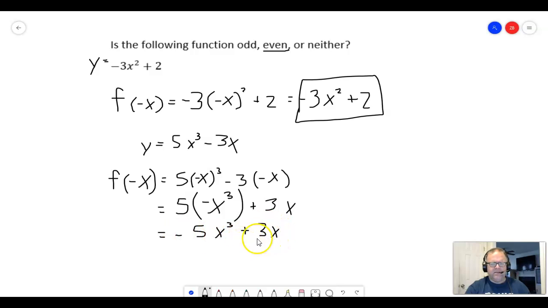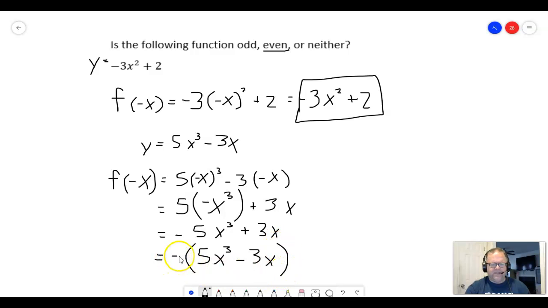Now I can take a look at this, and I can definitely see that that is not the same as our original statement. So at this point, I can say that this is not even. Now I want to check if it's odd. The way I check to see if it's odd is I pull the negative sign out of the entire equation and see what's left. I'm going to have 5x cubed, and then if you pull a negative out here, that becomes a minus 3x.